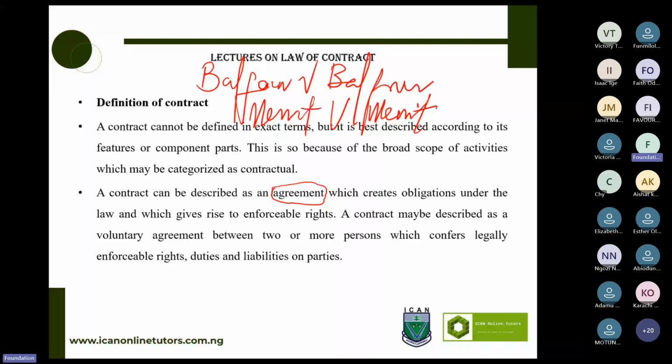The court held that it is just a domestic agreement. Now, in the case of Merritt and Merritt, there's an understanding that, okay, I will transfer this mortgage to you at the end of the day after you have paid the rent or the loan on it. That is the agreement between the husband and wife.